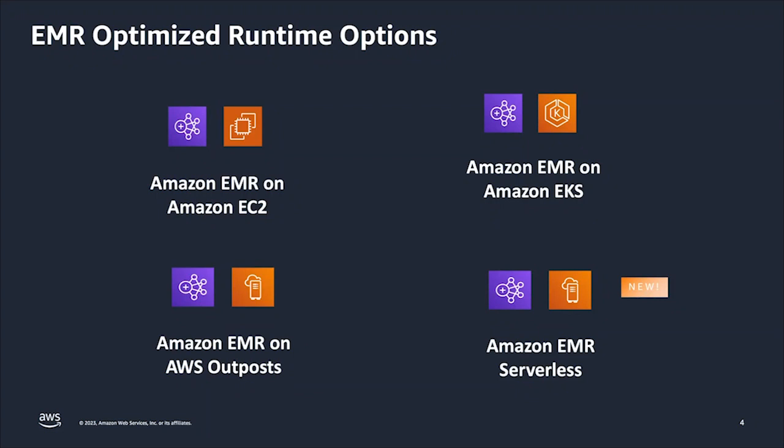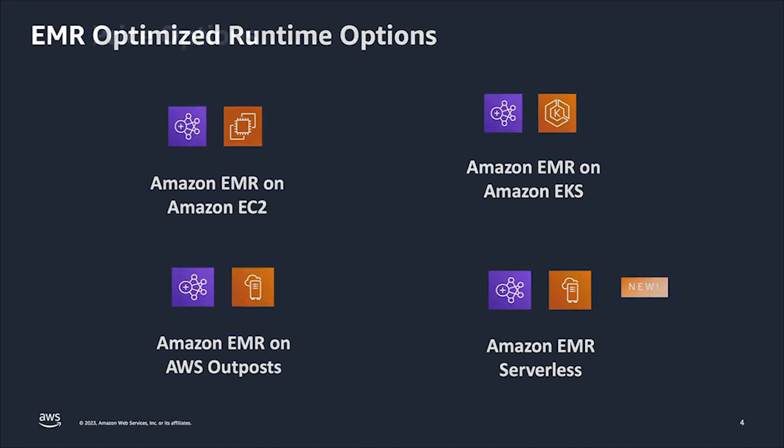If a customer wants to leverage Outposts, where you can keep the servers in-house with AWS Outposts, they can create an EMR cluster on top of that also. That is the third option, Amazon EMR on AWS Outposts. And the fourth one, which is new out of all four, is Amazon EMR Serverless.